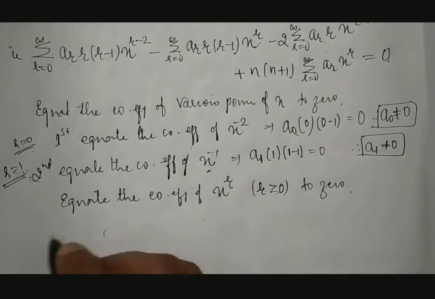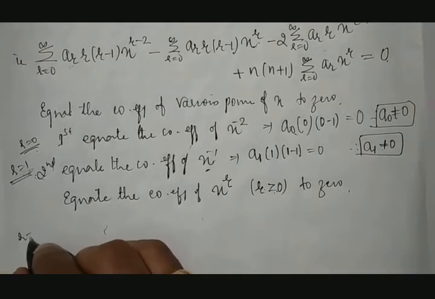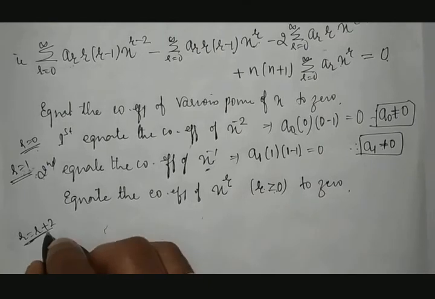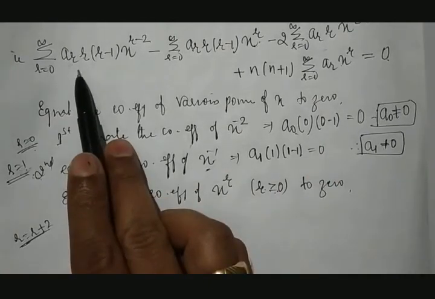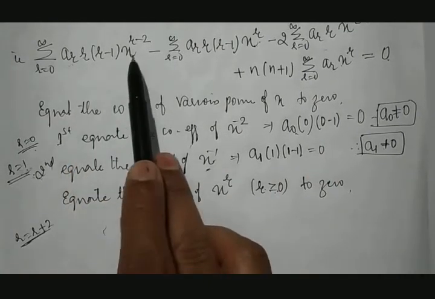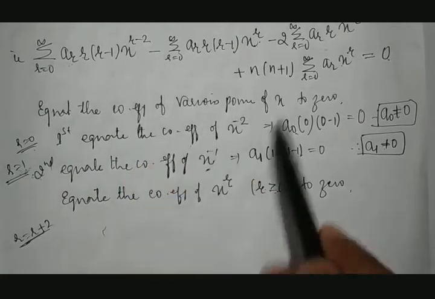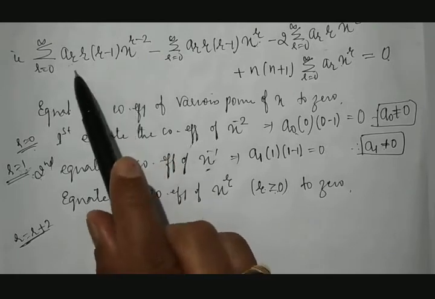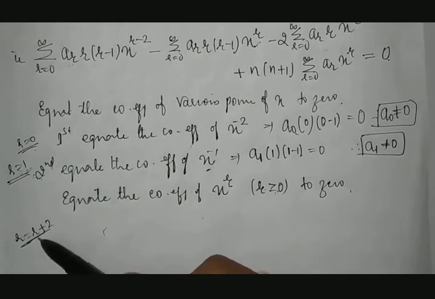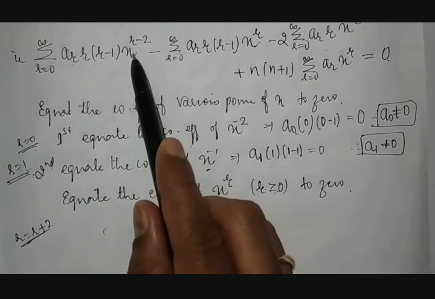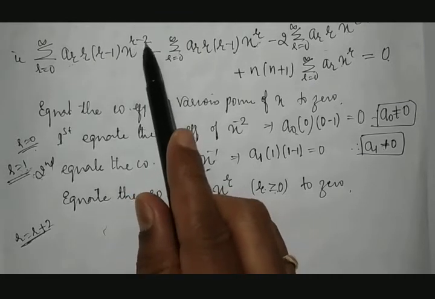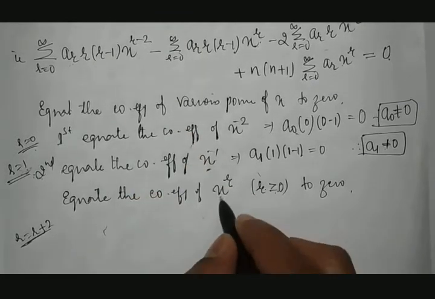Then what we do here, we'll take r is equal to r plus 2. Why? Because from this we need to extract. If you put r equal to 2, then it becomes x raised to 0. That we don't want. We need a generalization. Therefore, here we will be putting r equal to r plus 2. Then it becomes r plus 2 minus 2, so it becomes x raised to r.